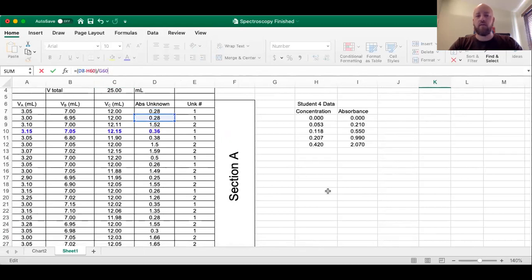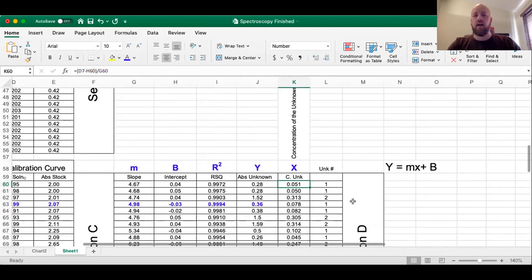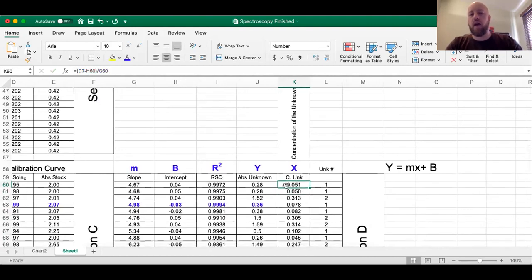Solving for X is a function of putting in Y, subtracting the B value, and dividing by the slope. This particular student had unknown number 1, and we see the concentration for that student's data.